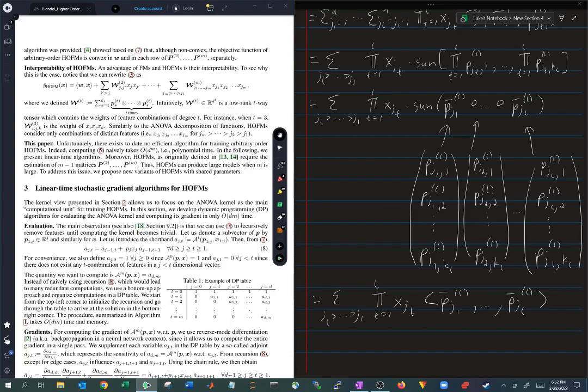It doesn't really matter, but basically the computational complexity of this model is exactly what it was claimed to be in the previous paper.